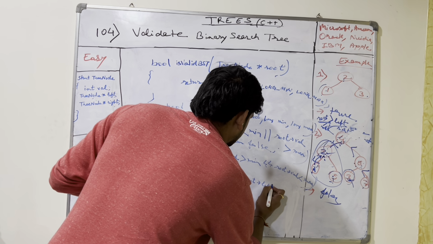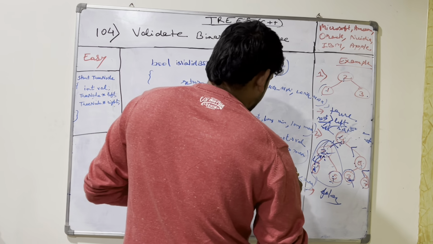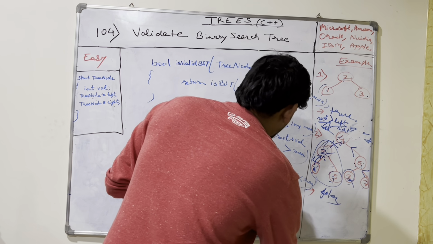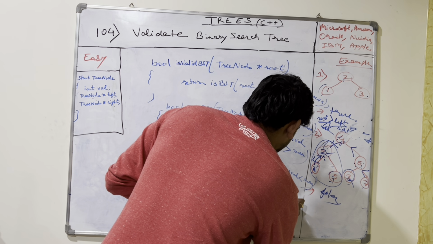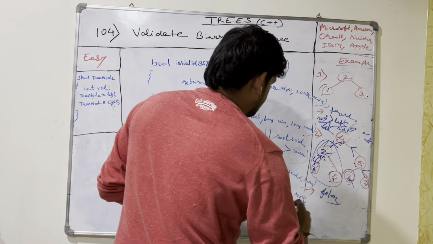You return root left. We'll check for the root left part, and for it the minimum value would be the long minimum, whatever the long minimum is, because it can go anything minimum. Okay.